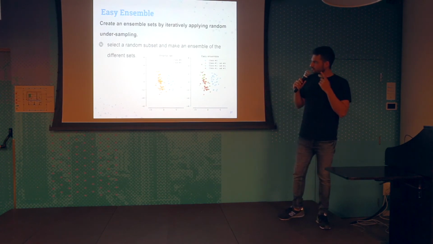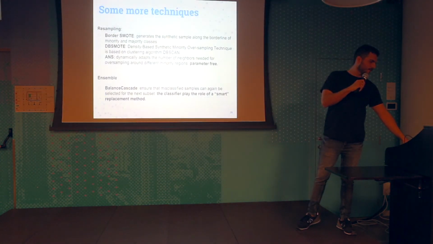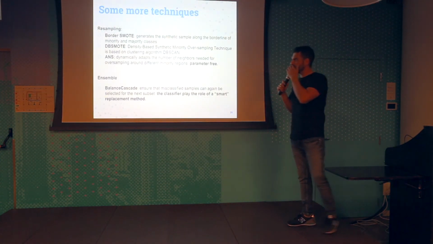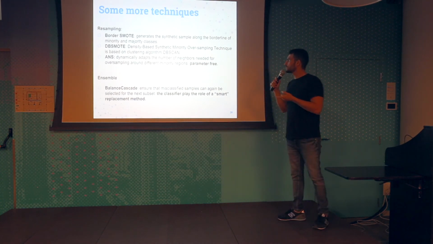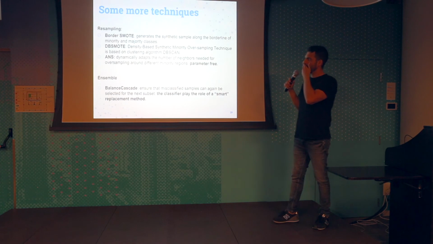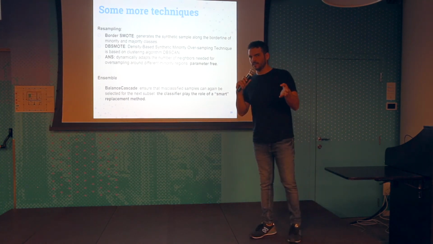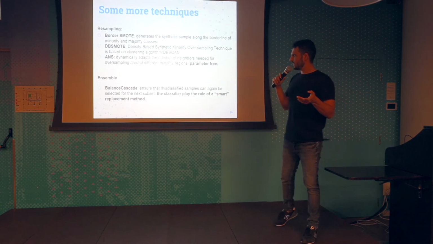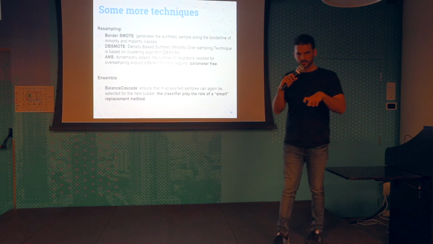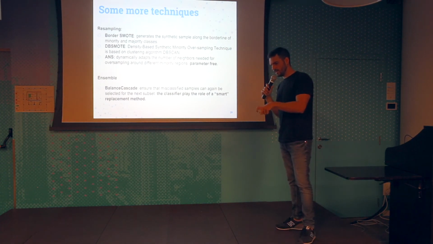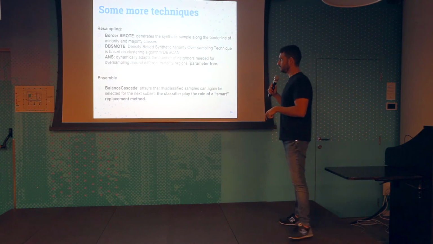I don't have the score to report for it, but it is something you've got to bear in mind. Some more techniques that I haven't gone through are Balanced Cascade for ensemble. The difference is that the sampling is not random. You make sure that the points you've made a mistake on stay in the data.